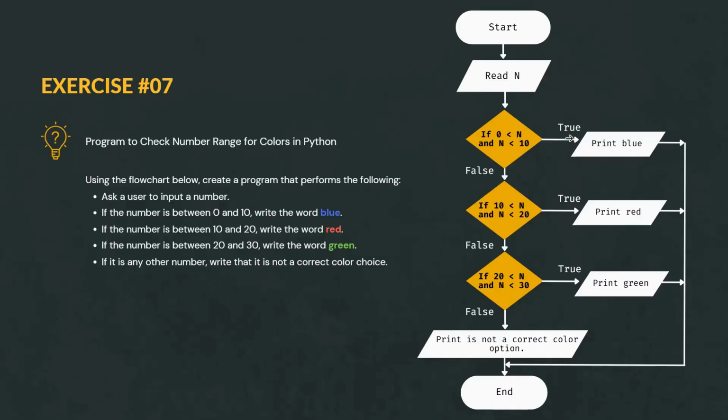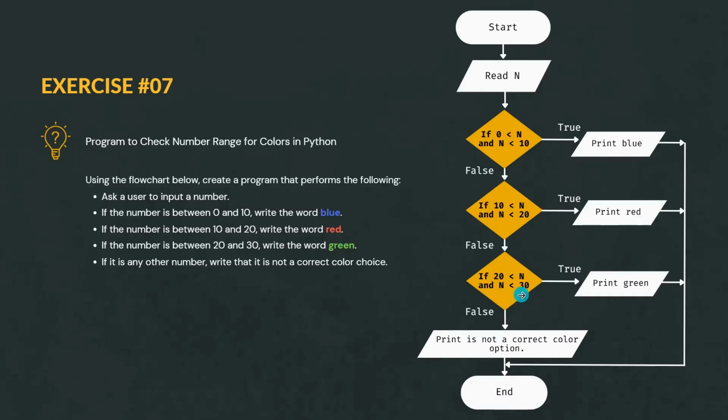And also remember, as we always say, flowcharts are like maps that guide our program's decision. So here is how it works. First, the user enters a number, and if the number is between 0 and 10, then the program prints blue. If it's in between 10 and 20, then it prints red.